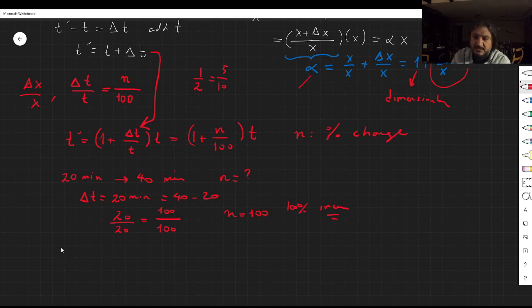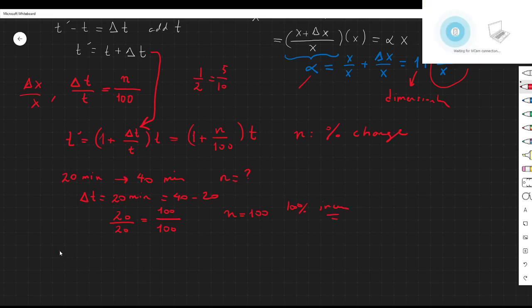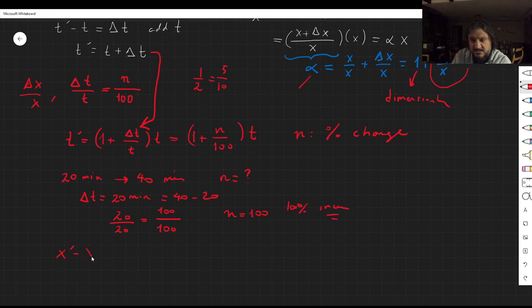You take the number, let's use x this time. The new x is x prime. You subtract the old x from it. This is delta x. And you divide it by the old x. And you multiply the whole thing by 100. All right? That's what it means. This is equal to the percent change.